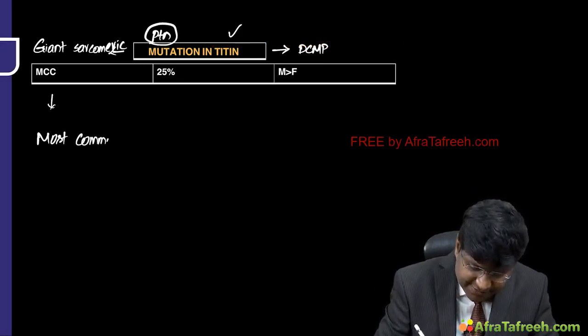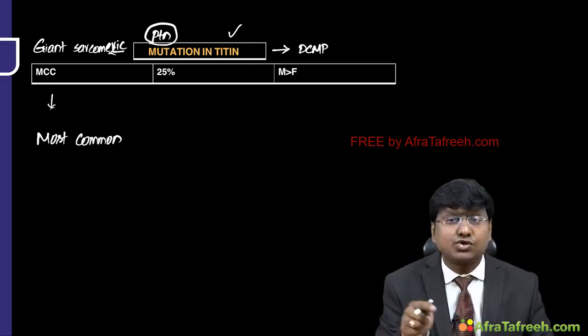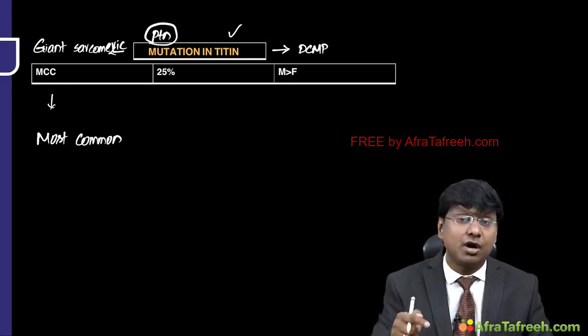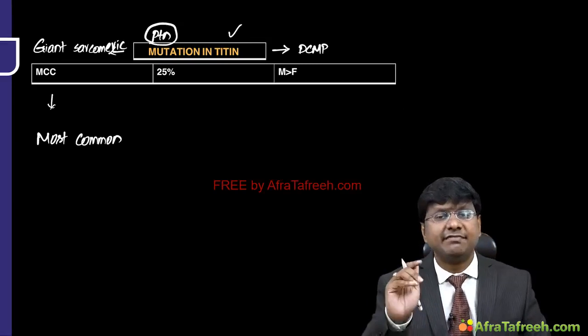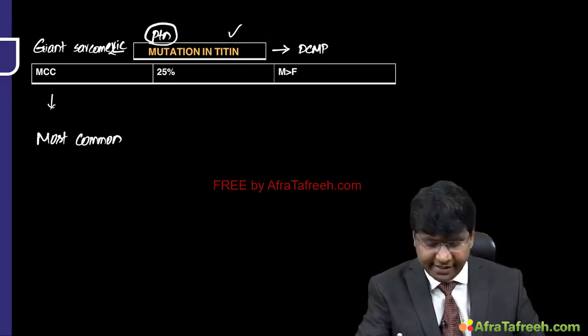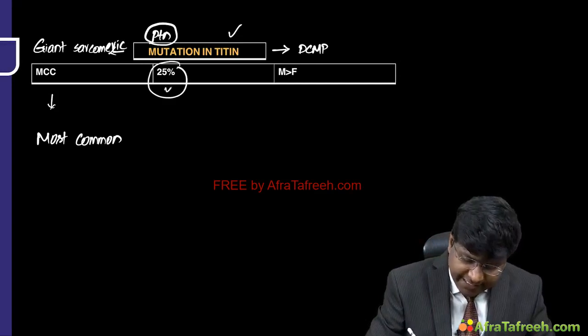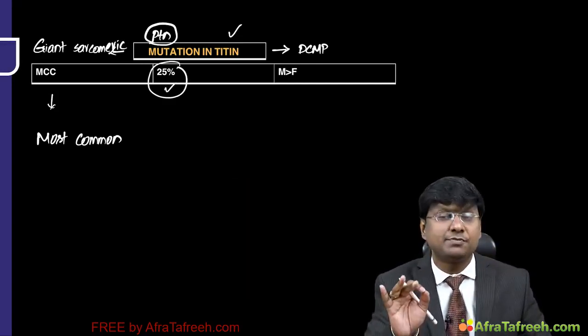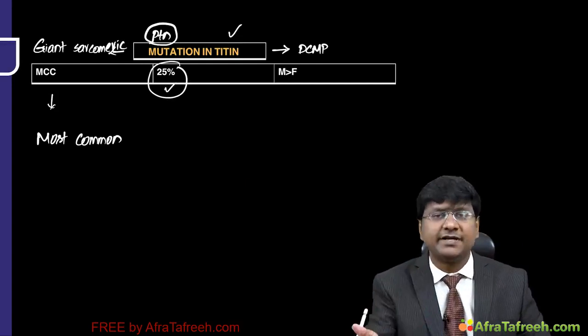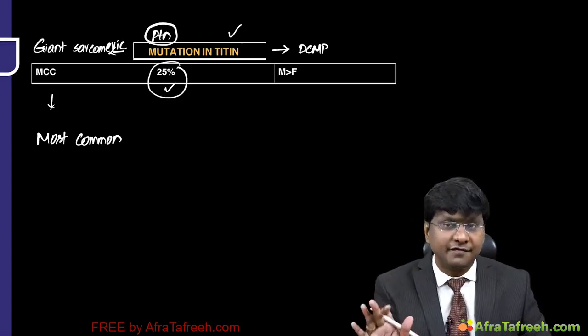The mutation in titin is the most common familial cause for the development of dilated cardiomyopathy, and this titin mutation is responsible for almost 25% of the familial causes of dilated cardiomyopathy.